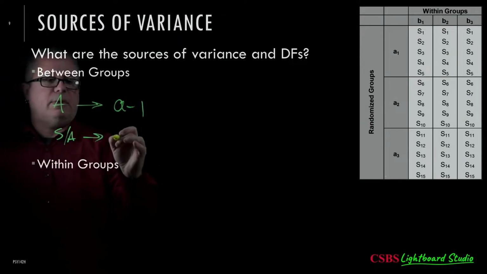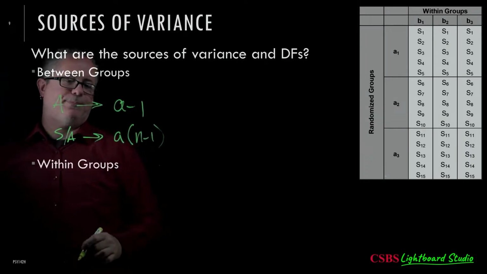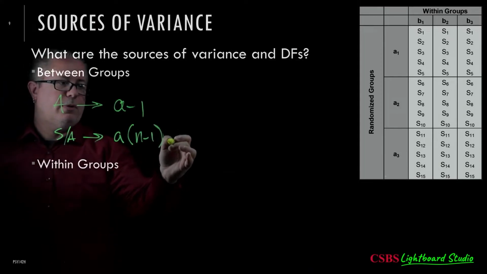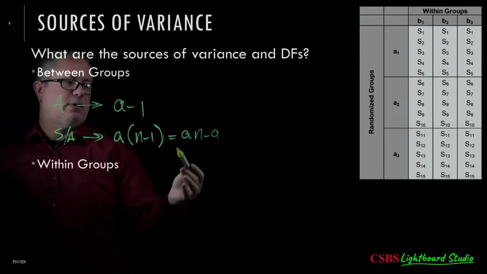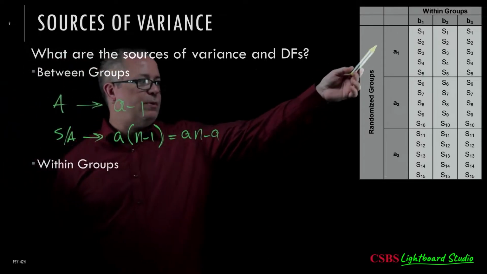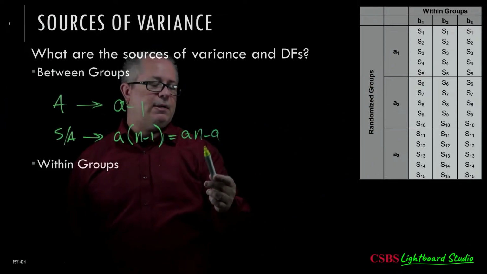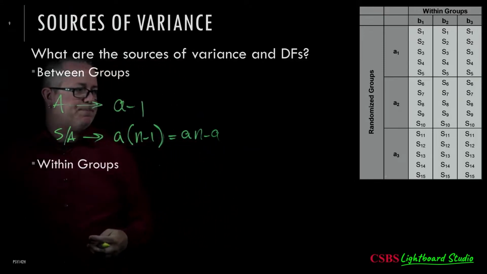And that's going to be the levels of A times the number of subjects in each group minus 1. A times n minus 1 is the degrees of freedom, which is the same thing as An minus A. There are 5 people in each group, times the 3, so that's 15, minus the number of levels of A, which is 3, so it's going to be 12 degrees of freedom for that.